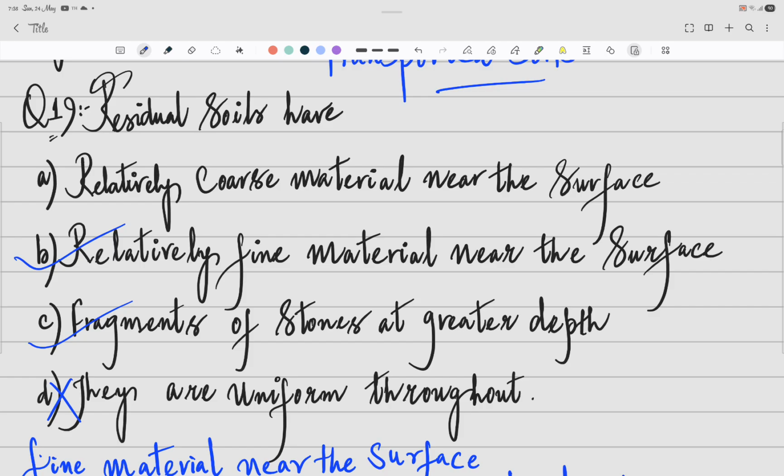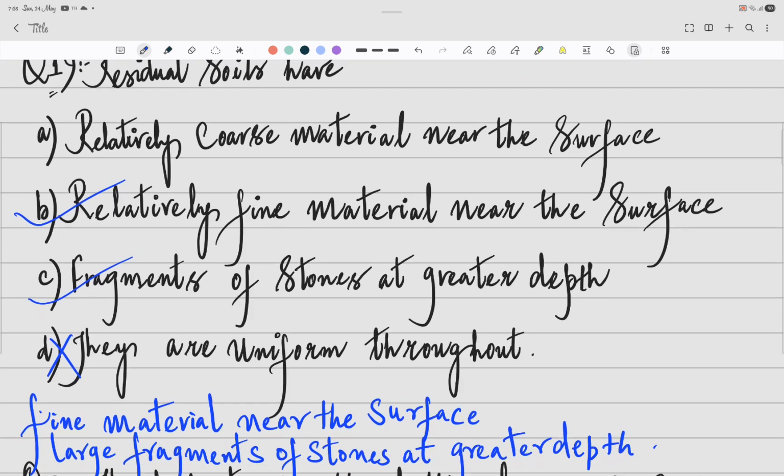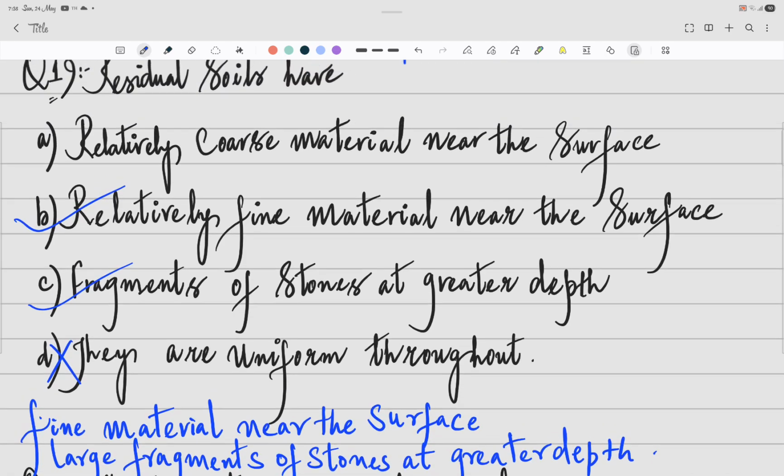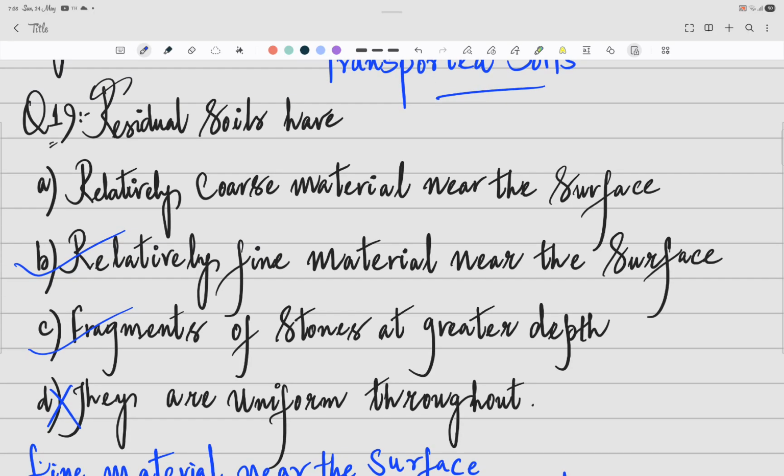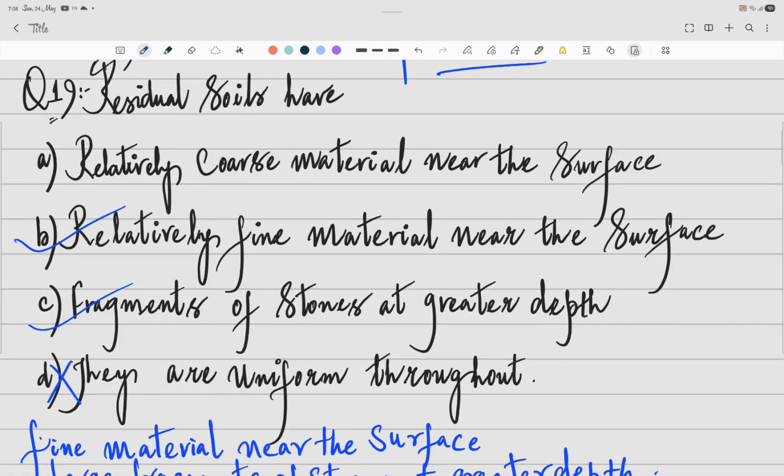All right. So these are some of the properties of residual soils, which are the soils which stay at their place of formation just above the parent rock. These soils are known as residual soils or sedentary soils. The engineering properties of residual soils vary considerably from the top layer to the bottom layer, so they are not uniform throughout.